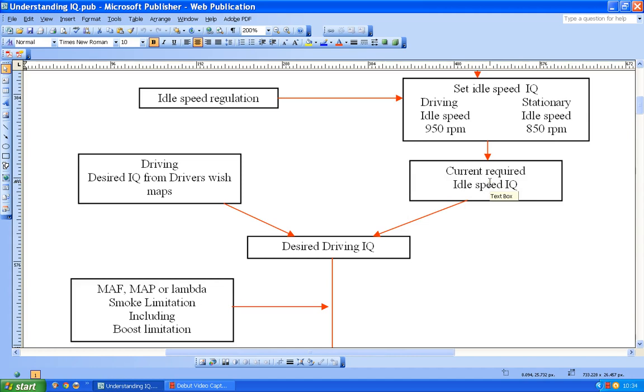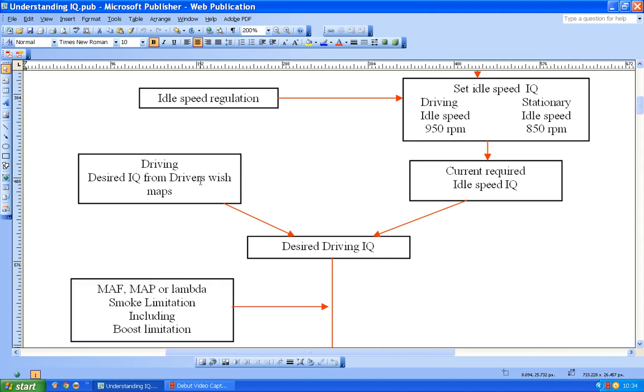Now of course, if you then want to drive away, most people who have looked at maps and remapping know that there will be a driver's wish map. When you go to drive away, in the driver's wish map you select either a desired injection quantity directly or a desired torque, which will then be interpreted through a torque to injection quantity conversion map, and the end result of that will still be an injection quantity.